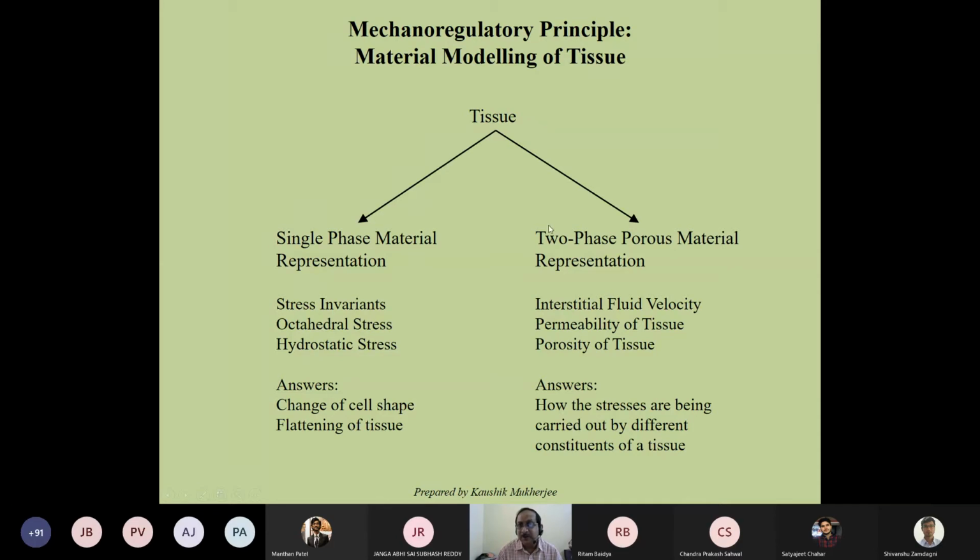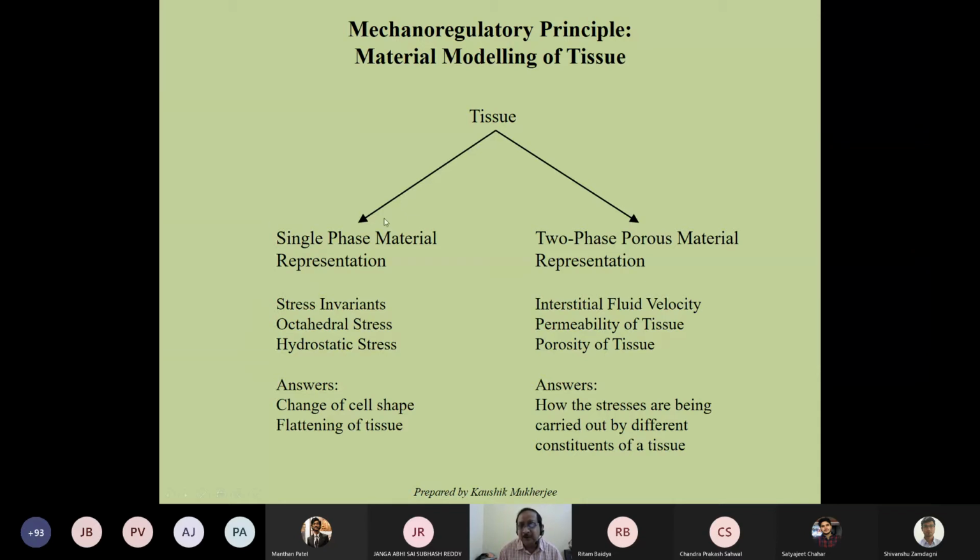If you are going into the detailed two phase modeling approach, you need to include in your model the porosity of the tissue, the permeability of the tissue, and the interstitial fluid velocity. We have done that in the paper. I will go to the paper a little bit later, otherwise it will become too confusing for you.